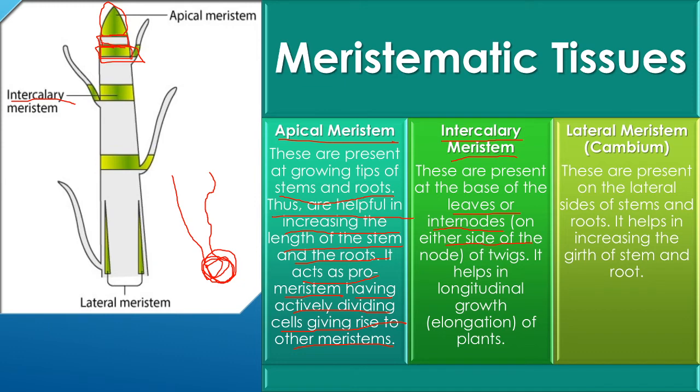Nodes are where the branches get separated. Here you can see that the branches are getting separated, so these are called the nodes, from where the branch part gets separated. These are nodes of twigs, meaning the branches which are getting separated, and it is helpful in longitudinal growth and the elongation of the plants.